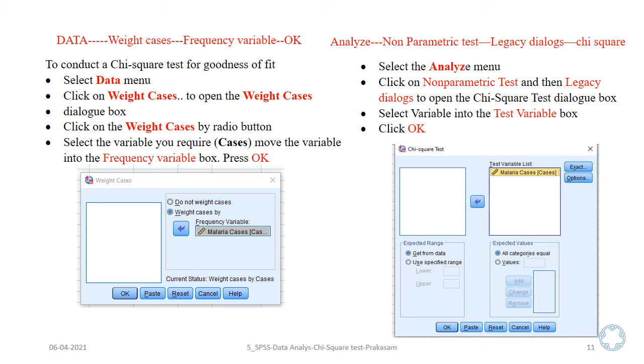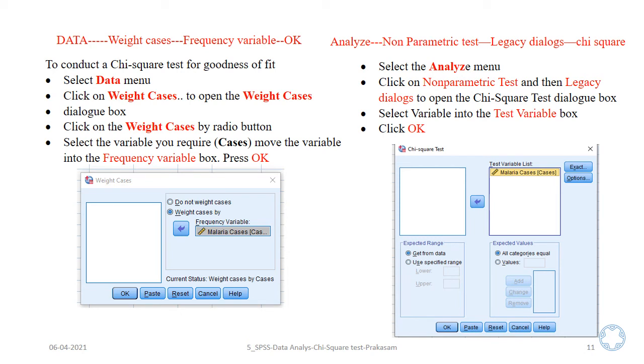After that, go to the Analyze menu. In the Analyze menu, down below you will find Nonparametric Tests. In Nonparametric Tests you will find Legacy Dialogs. In that you will choose Chi-Square. Then we will get the window, Chi-Square Test.